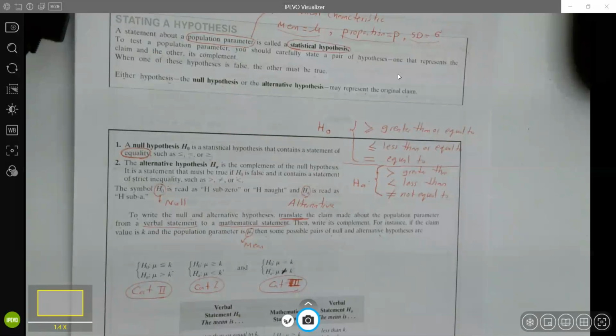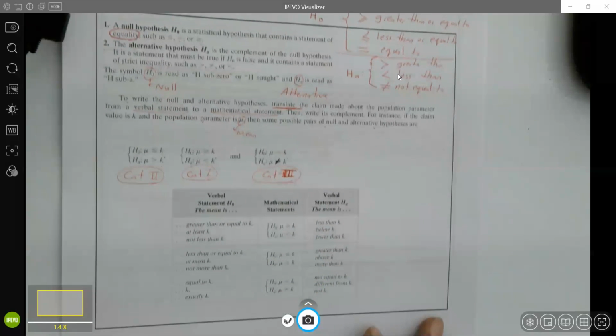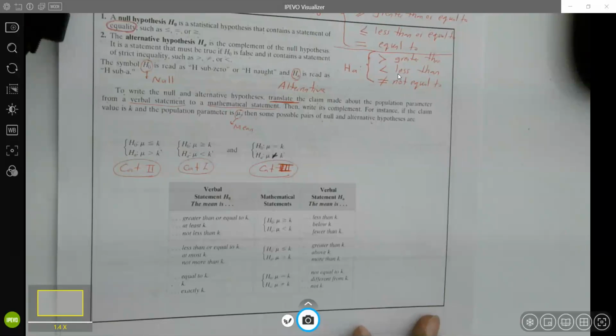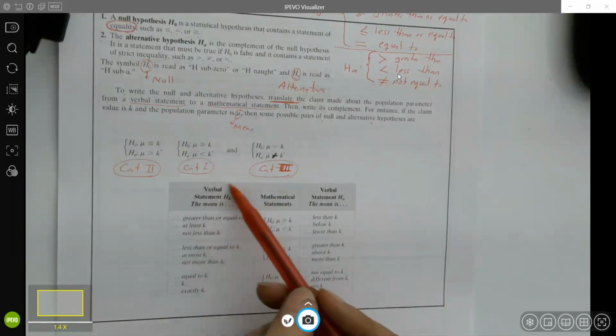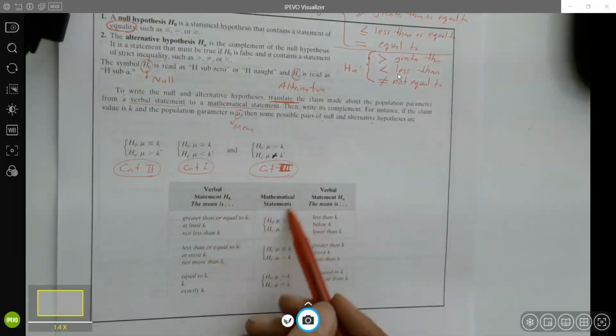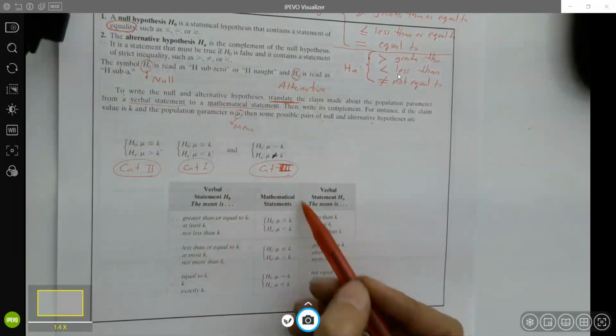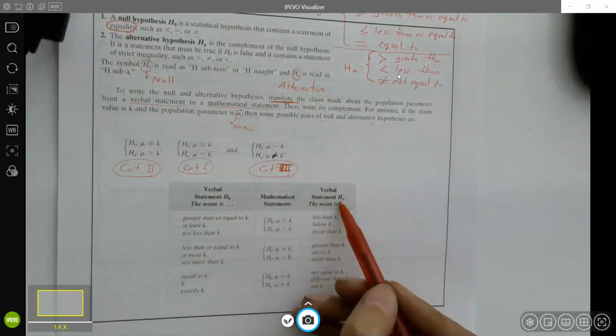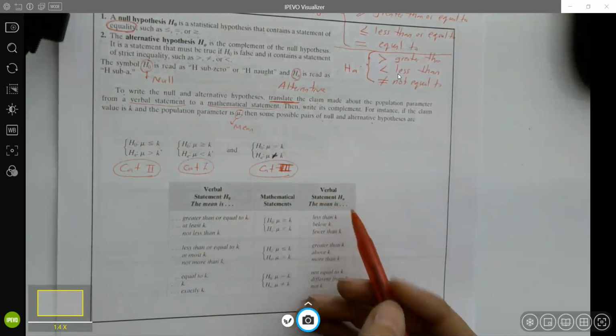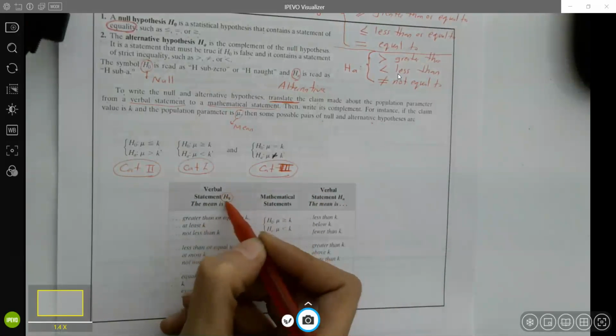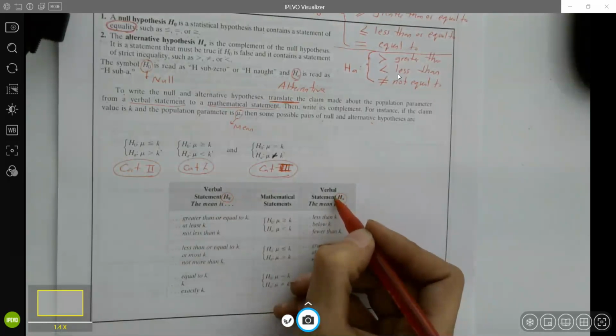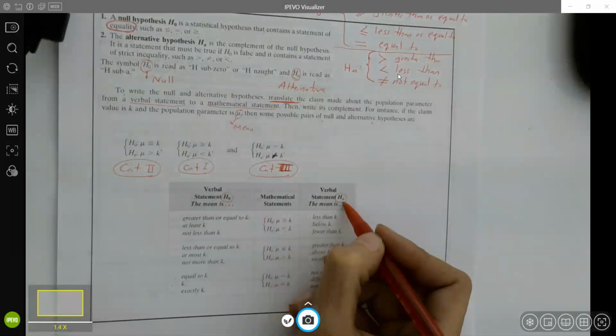Let us take a look at our table. This table is very helpful. Verbal statement about null hypothesis, mathematical statement, and verbal statement about alternative hypothesis. So here you have your null, here you have your alternative.